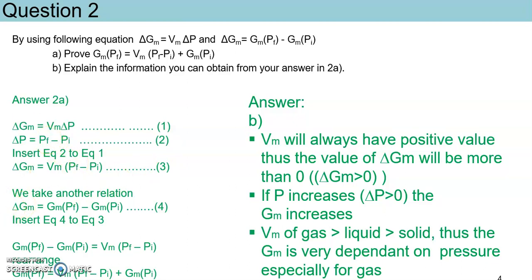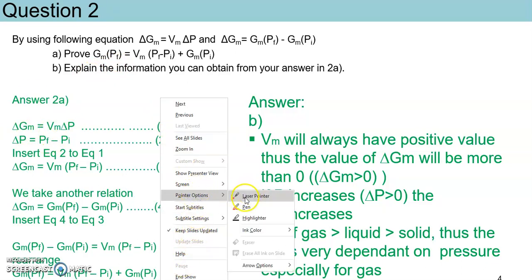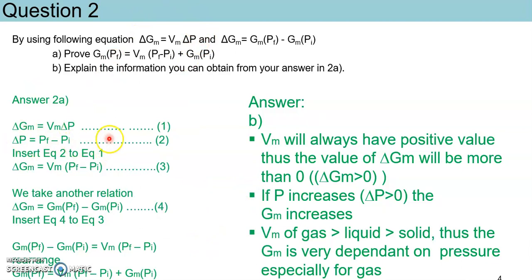So first of all, we need to have this equation first. Okay, so we label it as equation 1. From there, we need to see what we can do later, and we know that delta P is a difference in pressure. What is difference in pressure? We can say that it is a final pressure minus initial pressure.